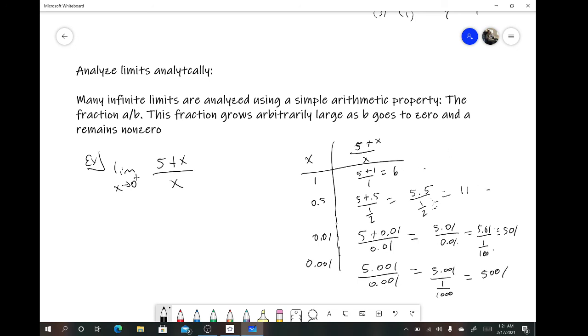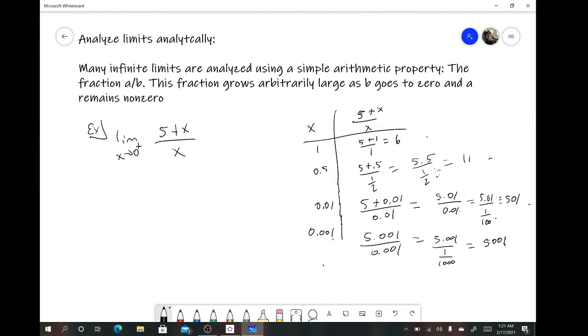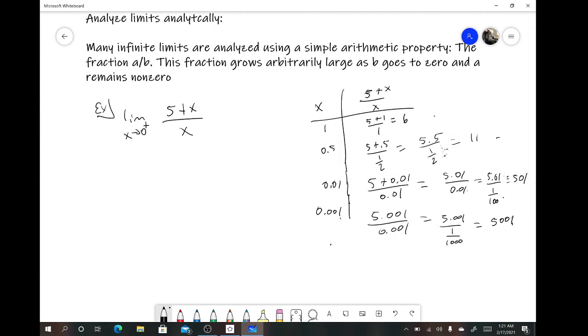So I went from 6 to 11 to 501 to 5,001. As I keep making the x values very small, meaning closer and closer to 0, I'm making the output values very big. I'm already at 5,001. If we continue, you'll even get to like 500,000 and so on, because they're going to get very big.